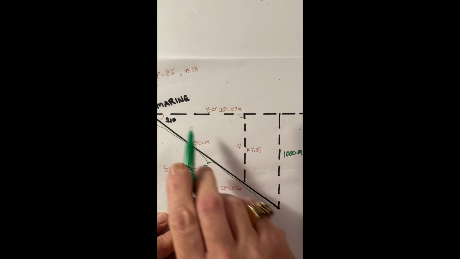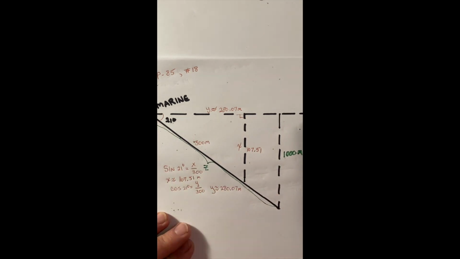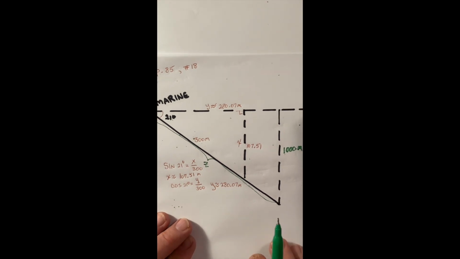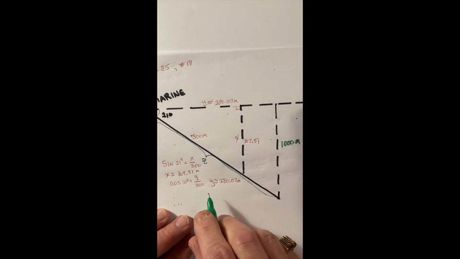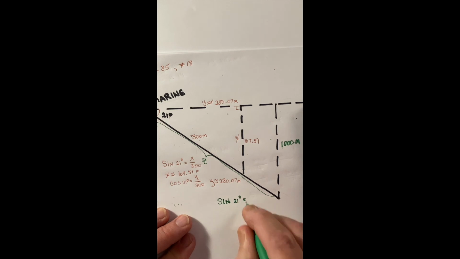So if you look, we have the opposite over the hypotenuse. Opposite over the hypotenuse would be the sine, once again, sine of 21 degrees is equal to the opposite over the hypotenuse. And the rules of proportion say that I can swap these two, and this turns into 1,000 divided by the sine of 21 degrees.